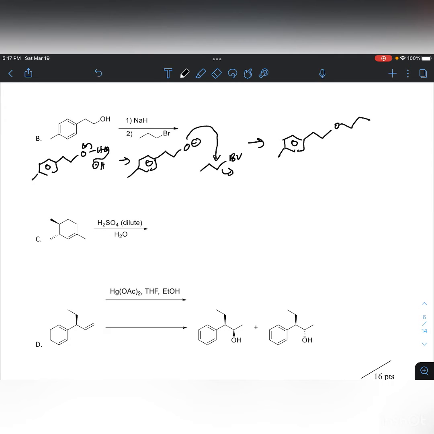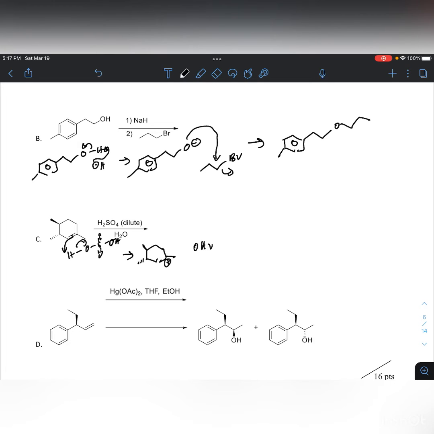So for C, you have this alkene reacting with sulfuric acid and water. Whenever you have these types of reactions, it's basically going to be some kind of addition reaction. So the first step is that you're going to most likely protonate this alkene, excuse me. And then this will give you the carbocation.